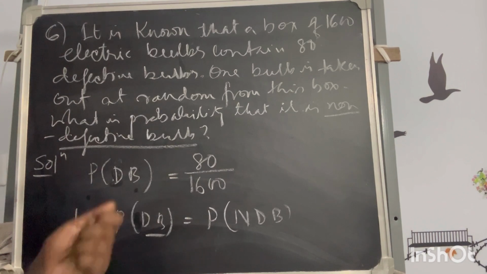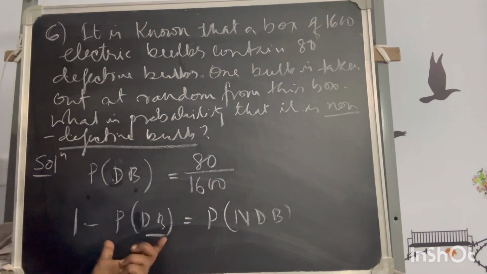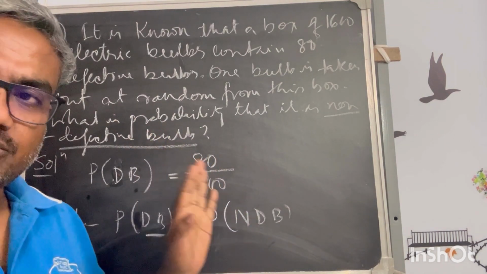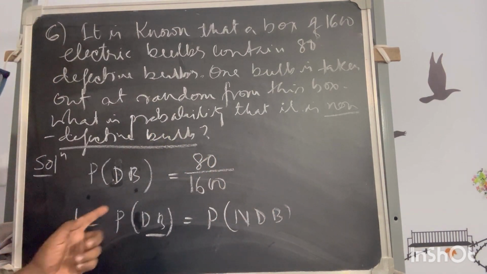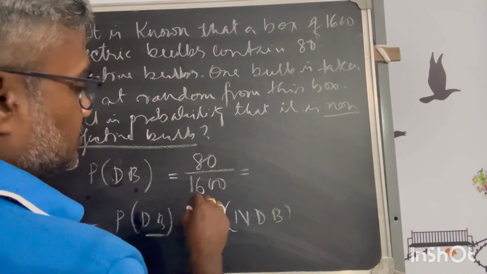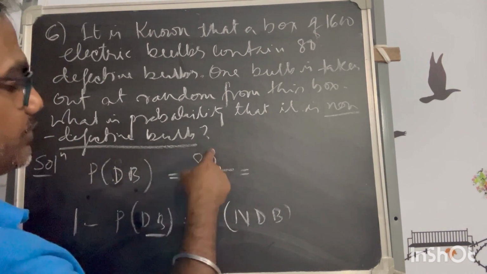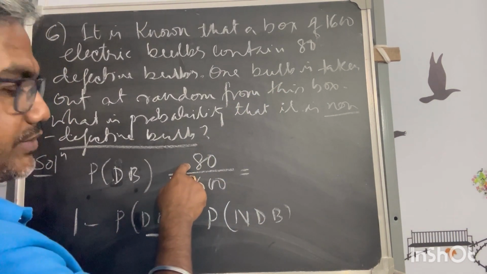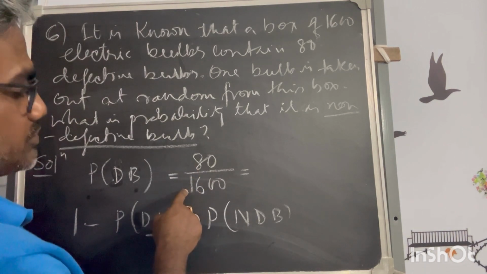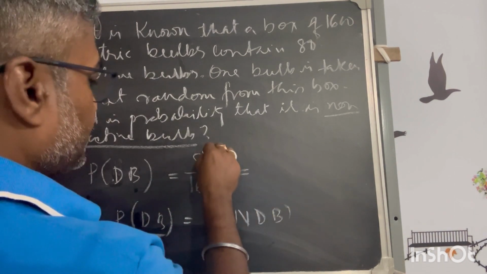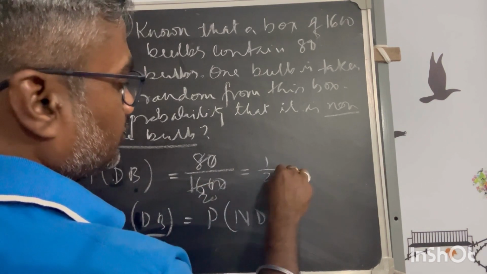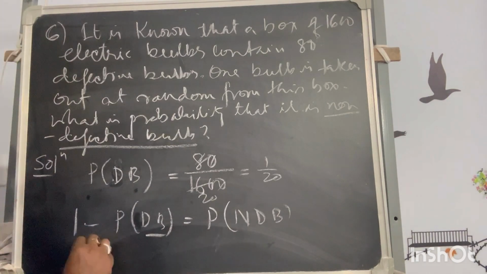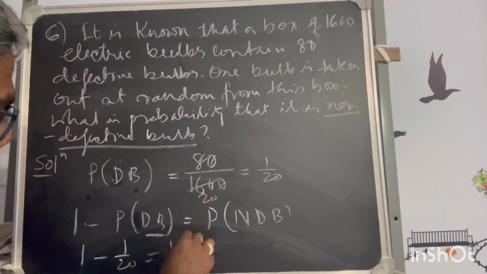If we pull one bulb, there is a chance of 80 out of 1600 possibilities of getting a defective one. If you reduce it, this is 1 by 20. So the non-defective probability will be 1 minus 1 by 20, which is 19 by 20.